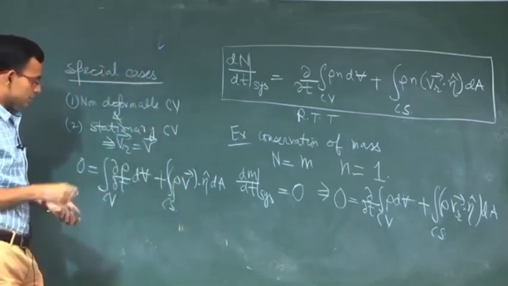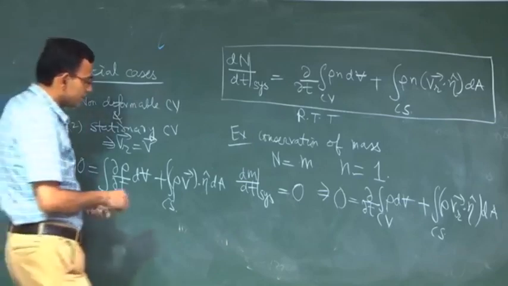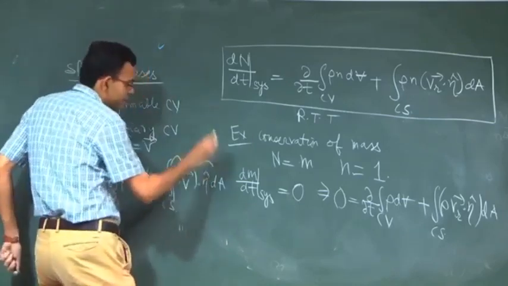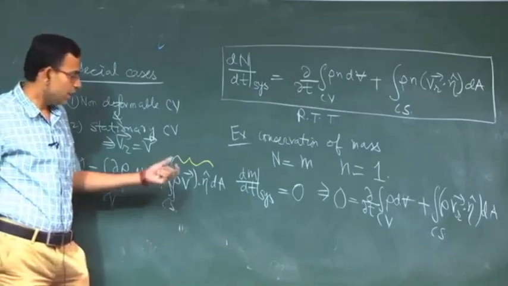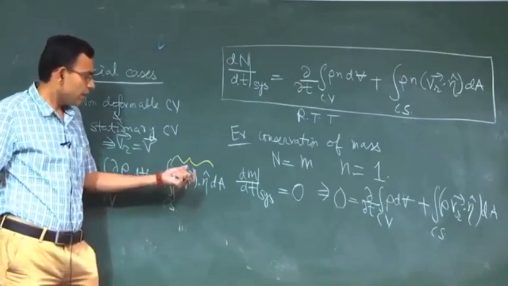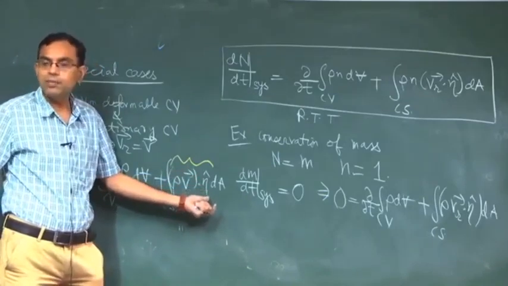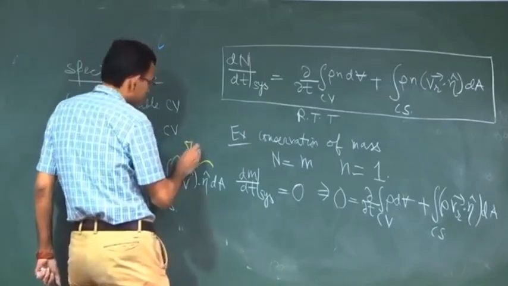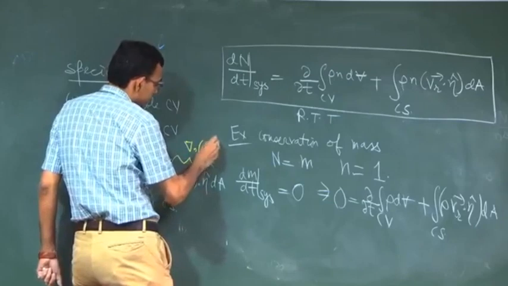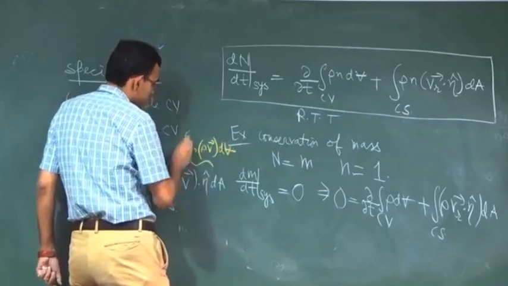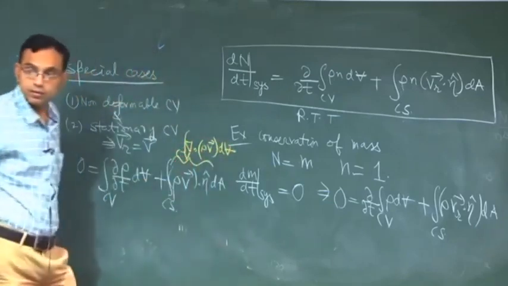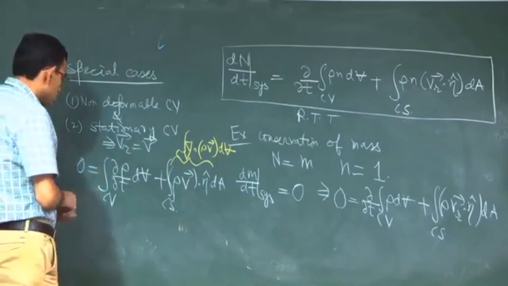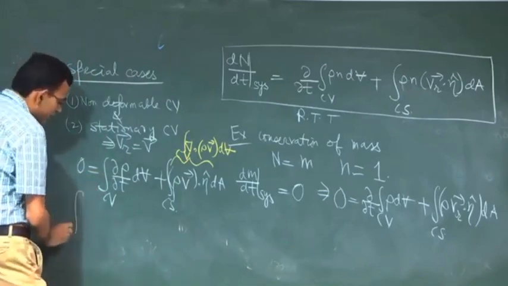Now what we can do is convert this term from an area integral to a volume integral by the divergence theorem. So, this becomes this, so then we are left with the integral of this.